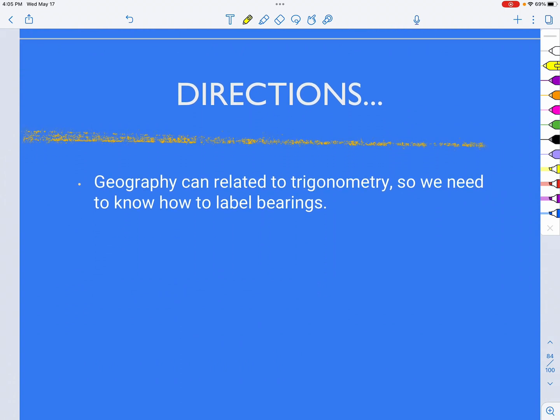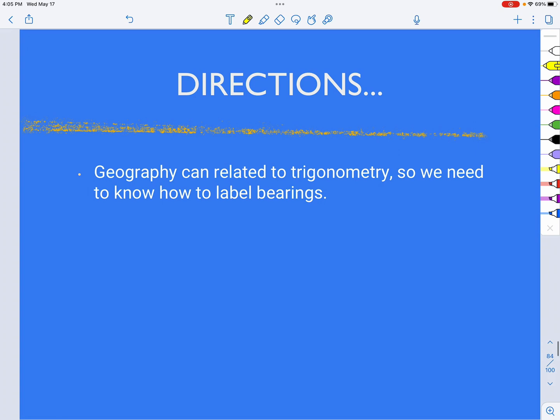Something else I want to talk about is the concept of directions. Trigonometry is used a lot in navigation type problems, so we're going to see questions that relate to bearings. Bearings are directions, right? So you need to remember some stuff from grade 9 geography: north and south.